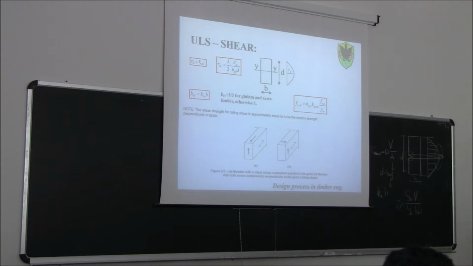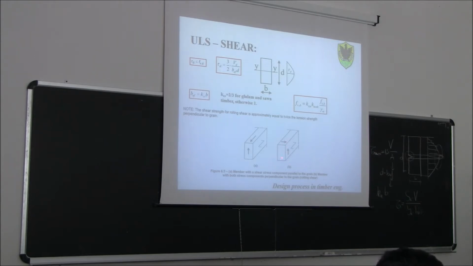What is the orientation of the fibers here? Unless some degrees of grain deviation, we can expect the fibers to be oriented parallel to this direction here. So, is this plane parallel to the grain? Yes. So it's going to shear off the less resistive matrix? Yes.